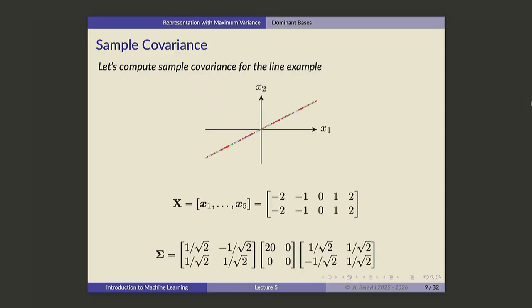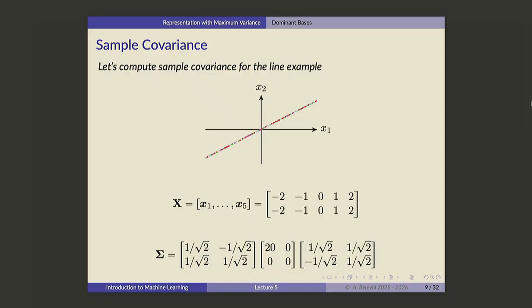If you plot the vectors here, you have 2 eigenvectors. One of the eigenvectors is 1 over the square root of 2, 1 over the square root of 2. The other one is orthogonal to this one: minus 1 over the square root of 2 and 1 over the square root of 2.